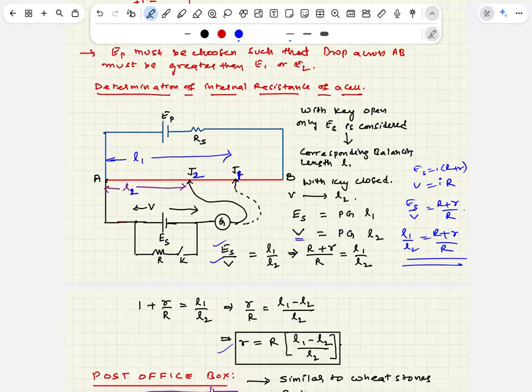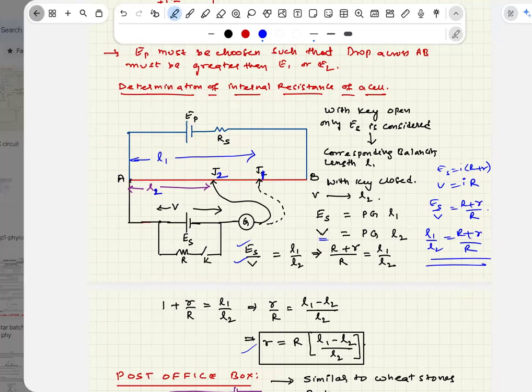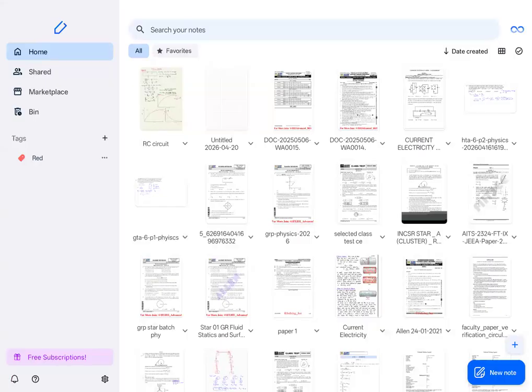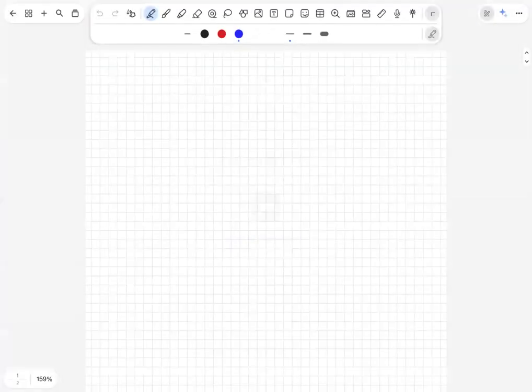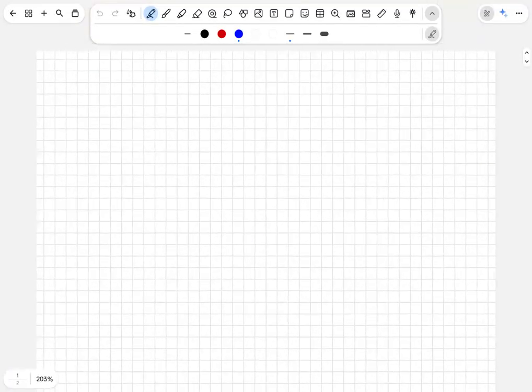Any doubts? Clear? Right. Now we will switch on to RC circuits. Any doubt in potentiometer till now?